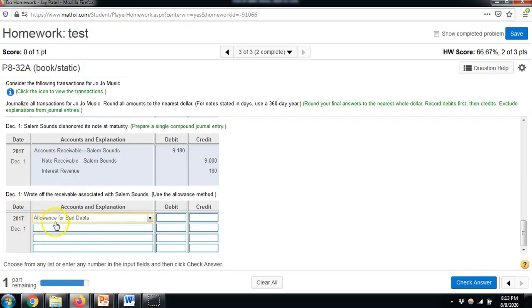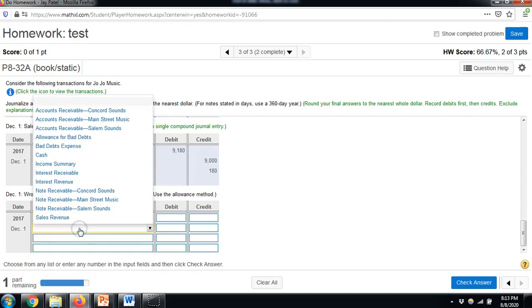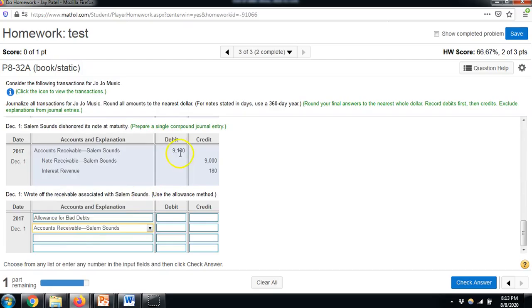So we're going to use this allowance for bad debts, and we are basically going to write off this 9,180, which we just created. So we have 9,180.